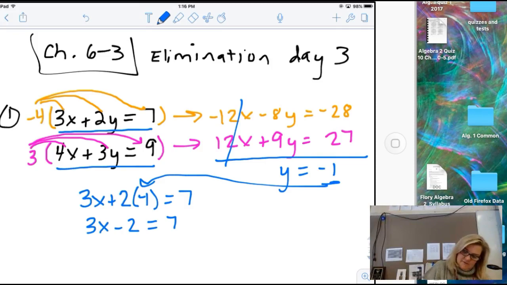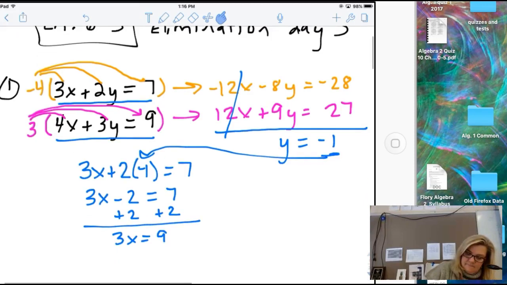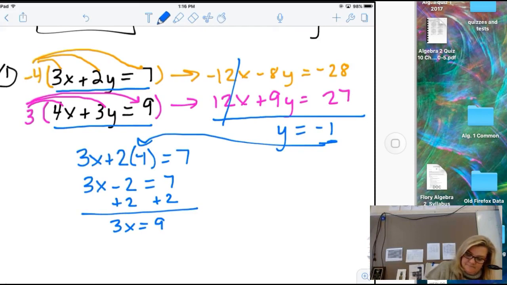I'm checking, did I do something incorrectly? No, let's keep going. Then I add the 2 to each side, and that'll give us 3x equals 9. Divide both sides by 3, and x equals 3.